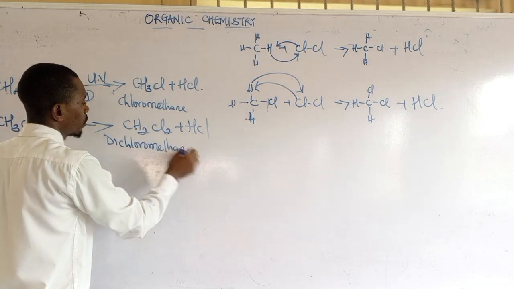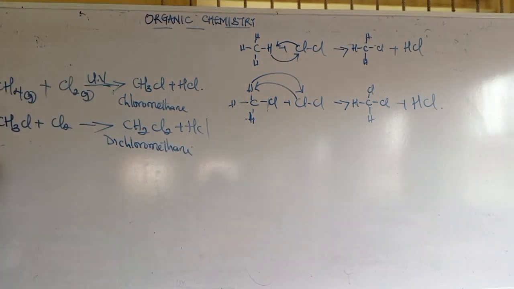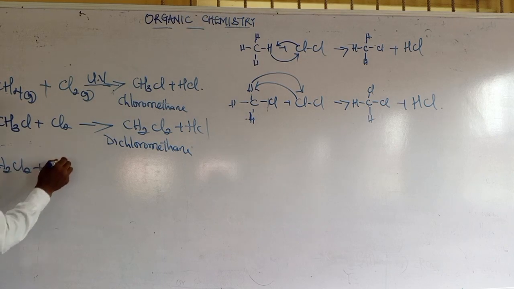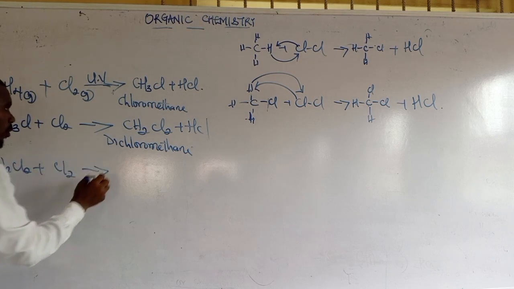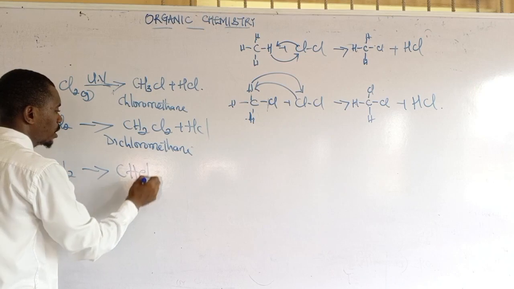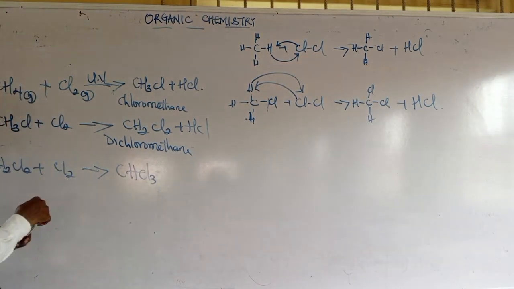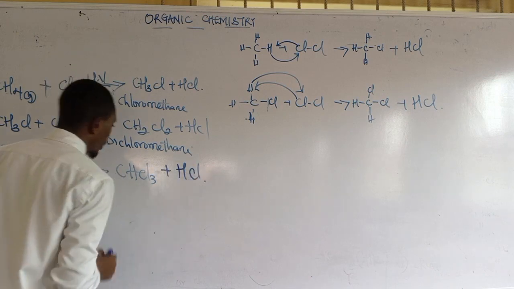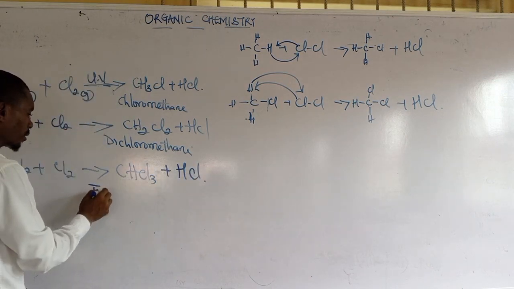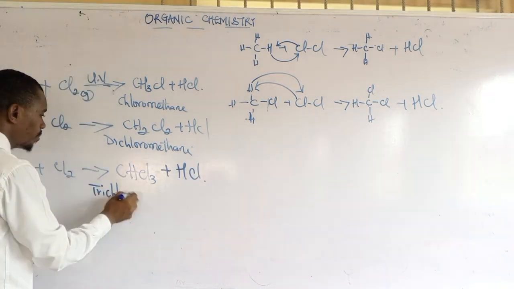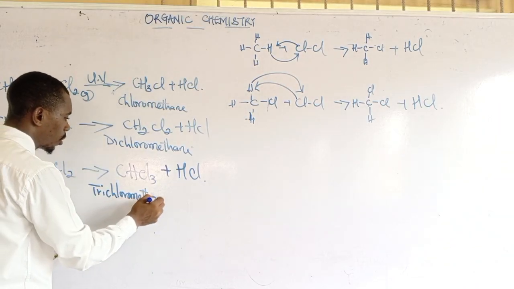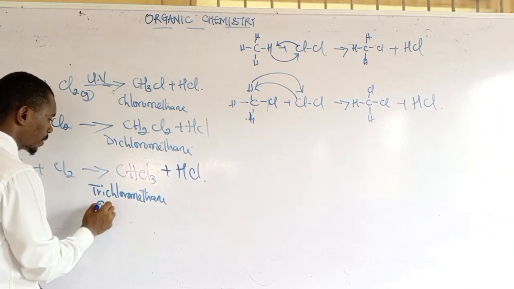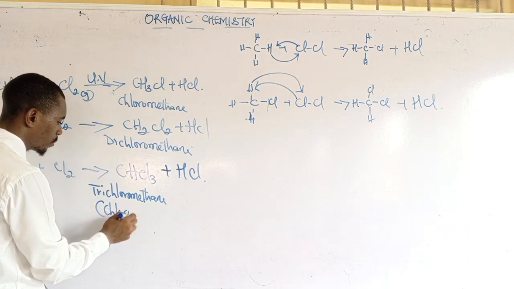Then this dichloromethane is what undergoes the third reaction with chlorine gas to form CHCl3, giving us HCl. So this is called trichloromethane, otherwise called chloroform.